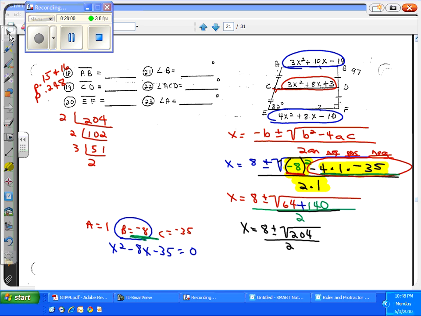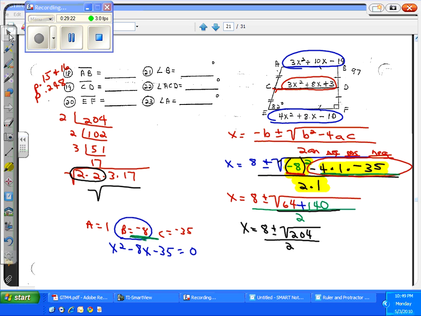17, excuse me, that was kind of weird, wasn't it? 17. And 17 is prime. So we would rewrite it as the product of its primes, 2 times 2 times 3 times 17. Make a new radical.